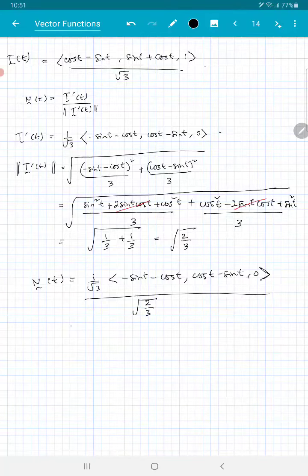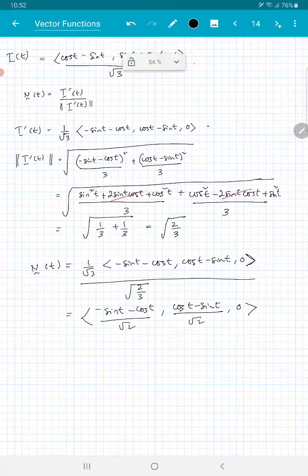Simplifying, we get negative sine t minus cos t over square root of 2 for the i component, cos t minus sine t over square root of 2 for the j component, and for the z component we get 0. So that is the unit normal vector.